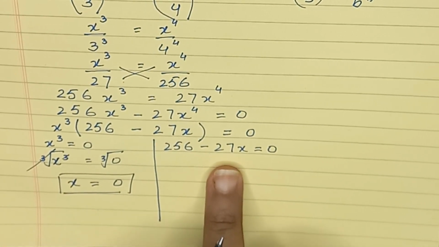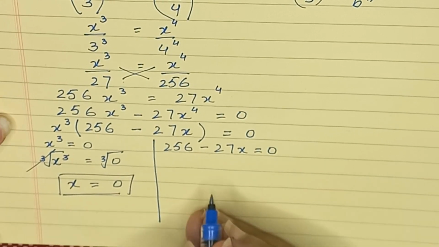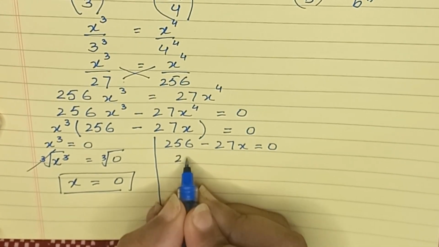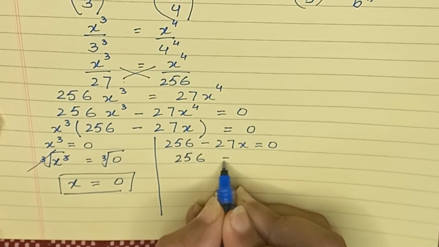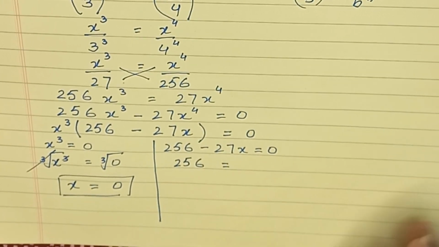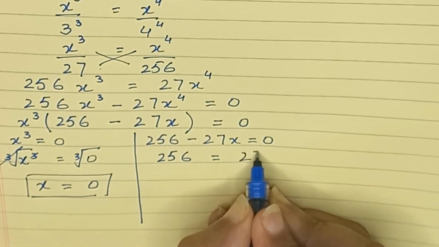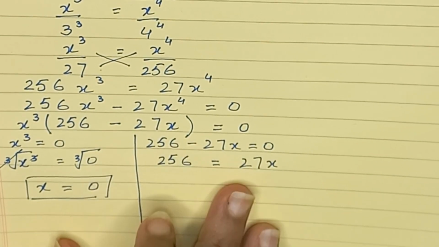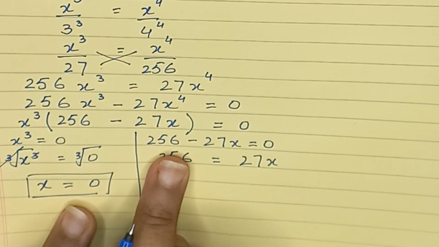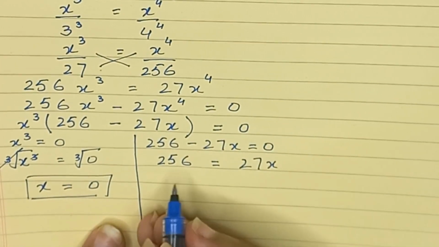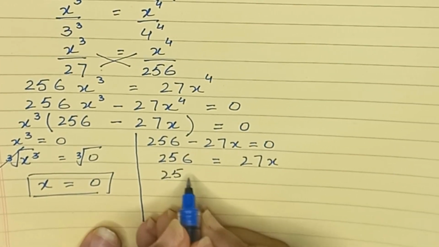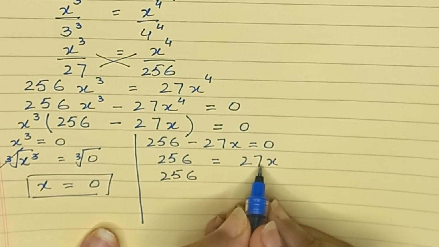Now we'll find the value of x from this equation. It can be written as 256 is equal to 27x. The negative will become positive when it changes its position across the equal sign.